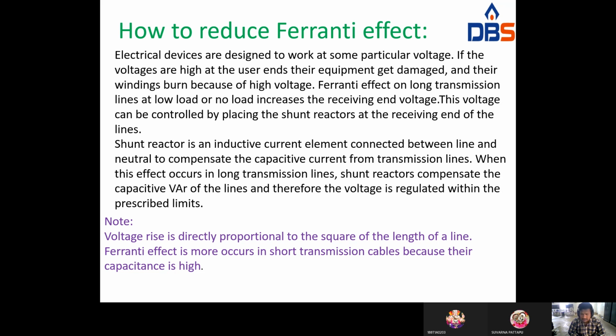Above or below that, the electrical auxiliary equipment may be damaged, and their windings may be burned if the voltage is high. Now Ferranti effect on a long transmission line at low load or no load increases the receiving end voltage. This voltage can be controlled by placing a shunt reactor at the receiving end.